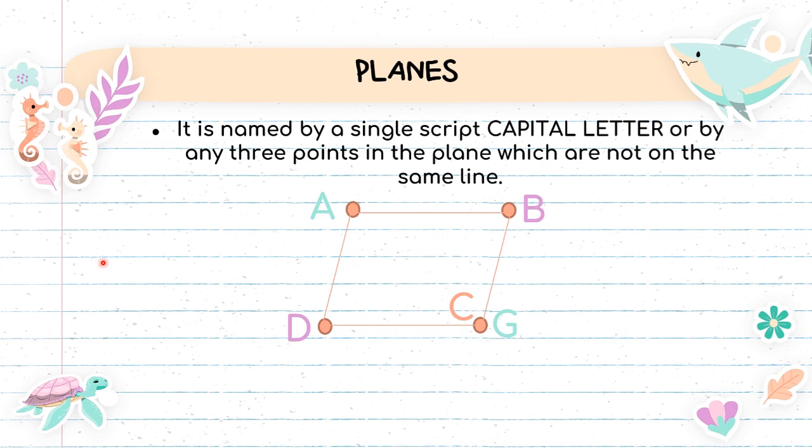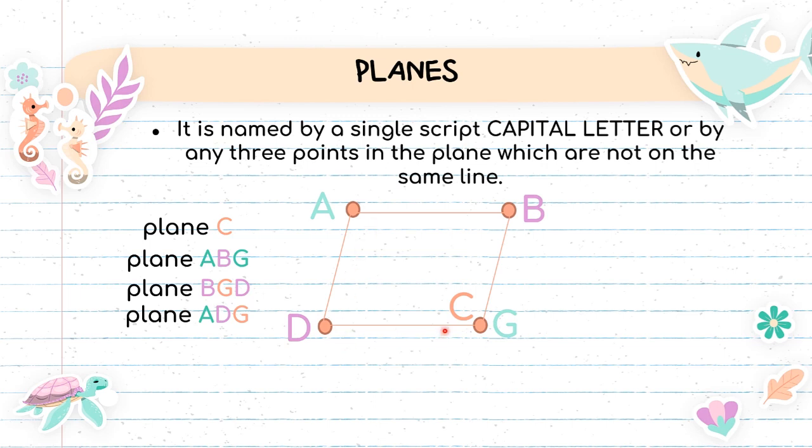Three points that are not on the same line are called non-collinear points. I have here an example. We have a parallelogram named with capital letter C. If you look closely, it has 4 corners, and each corner has a point. Let's name those points A, B, G, and D. Now, we can name a plane: plane C, plane ABG, plane BGD, plane ADG, plane DGB.